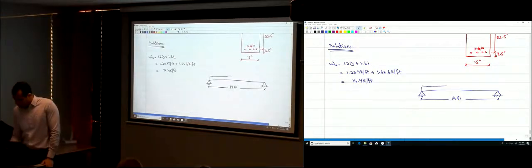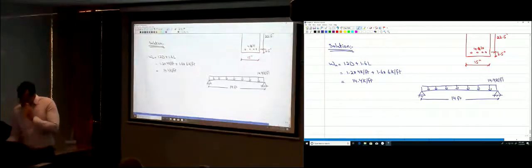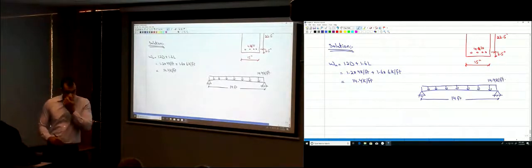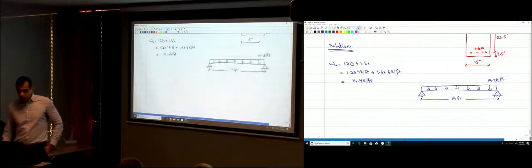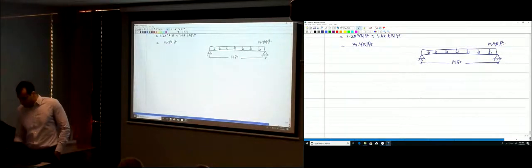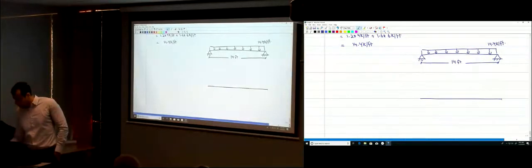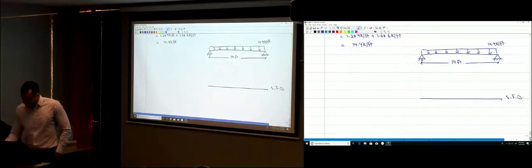So now I just have to do an analysis for this simple beam with that simple uniform load, 14.4 kips per foot. How much is the maximum shear? You have to draw the shear force diagram. How does the shear force diagram look like? This is the reaction, this is the reaction.